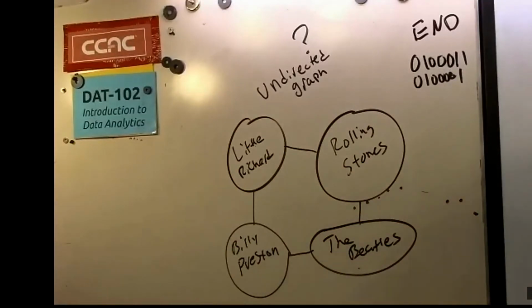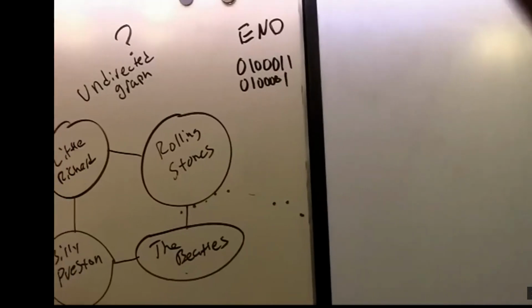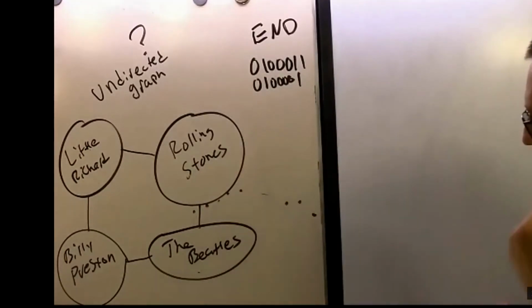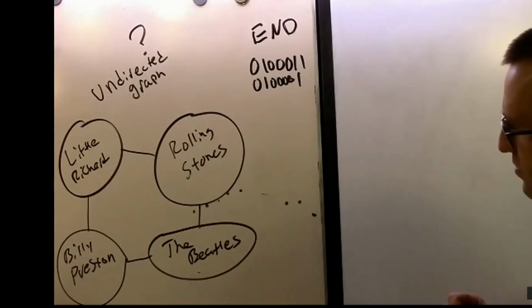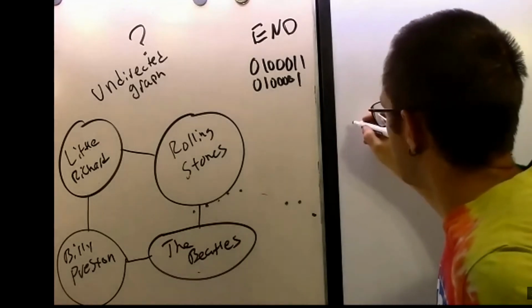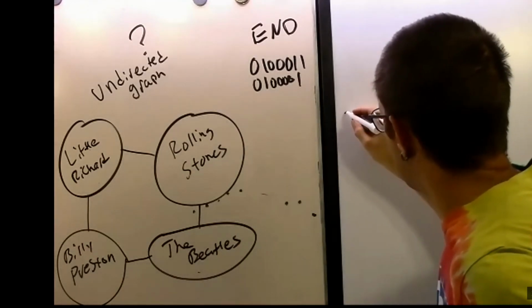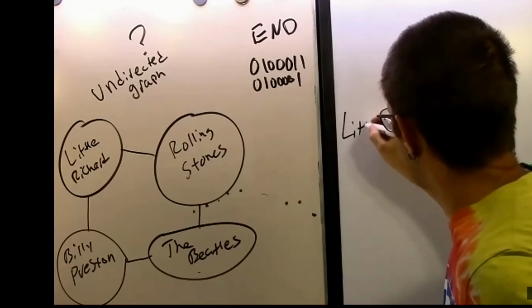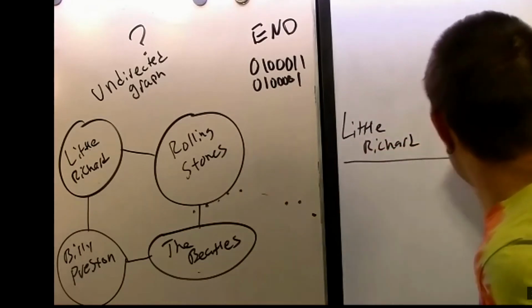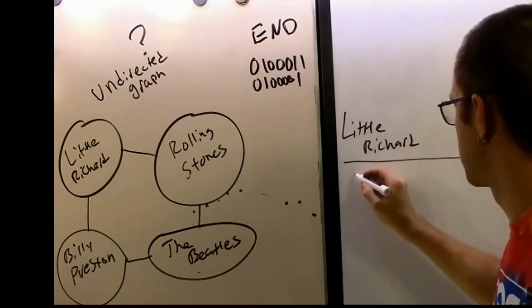So we're going to start by making a table, tabular data, in which every node has both a row and a column named after it. I'm going to do that here. If you're a spreadsheet whiz, this is certainly something to do in a spreadsheet.